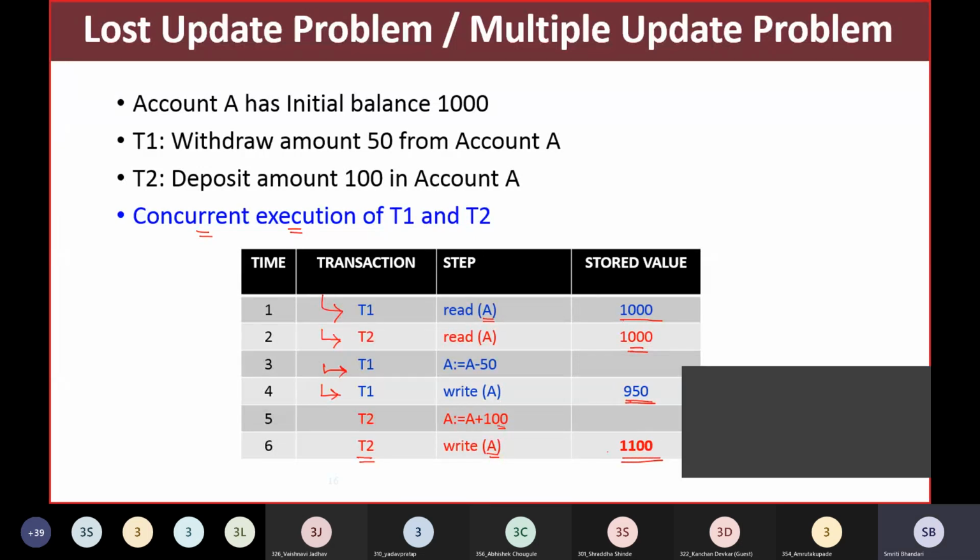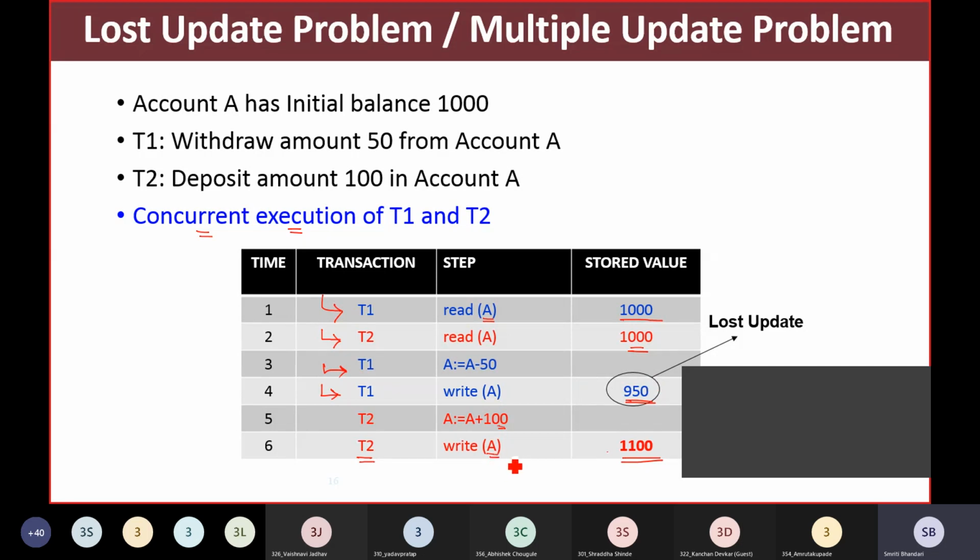Correct? So if we look at this sequence of instructions, what has happened? This value that was written by T1 was lost. Why? Because after T1 has written this, T2 completes its working and T2 is overwriting this value 950.